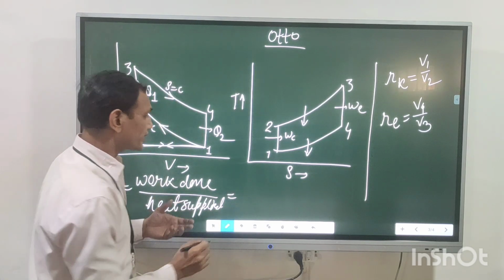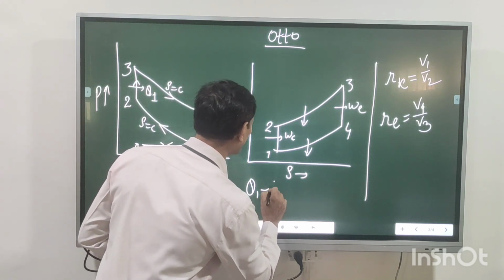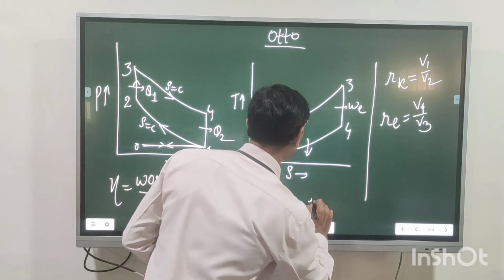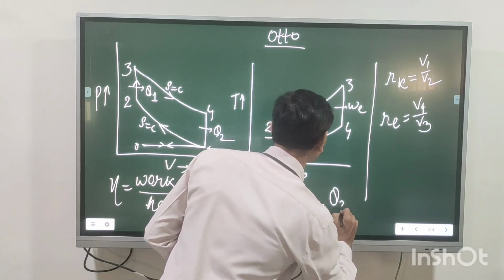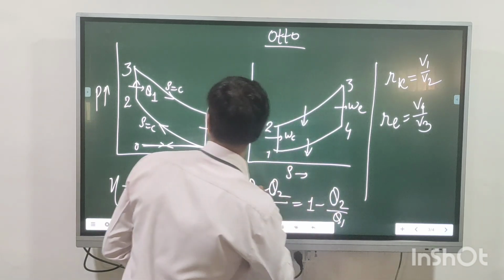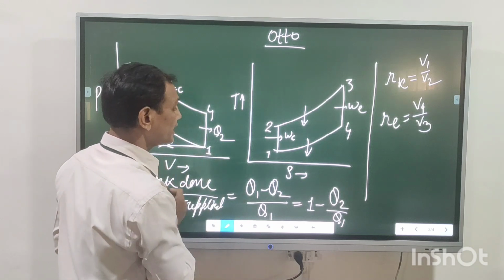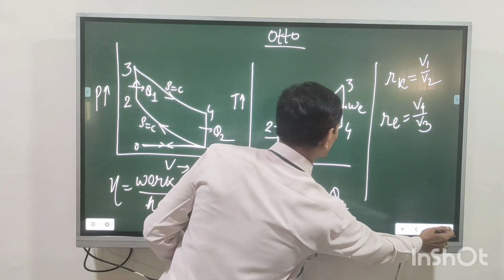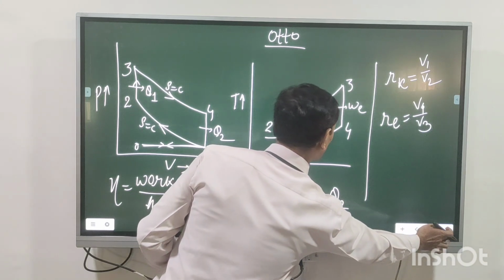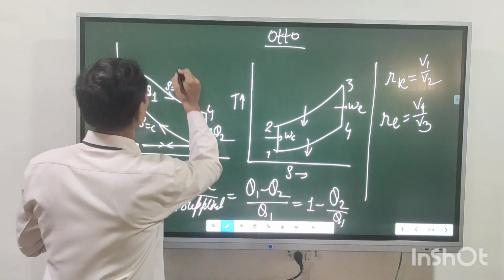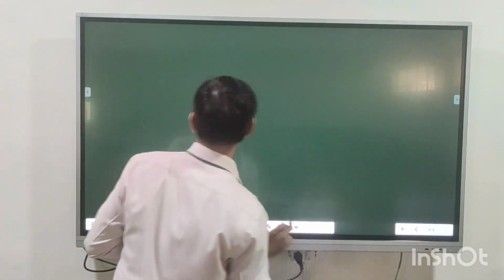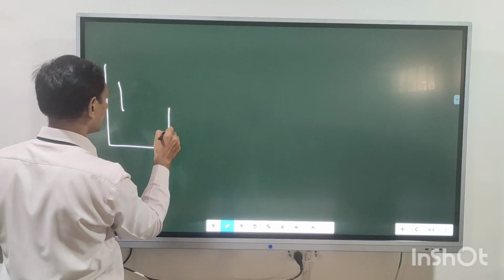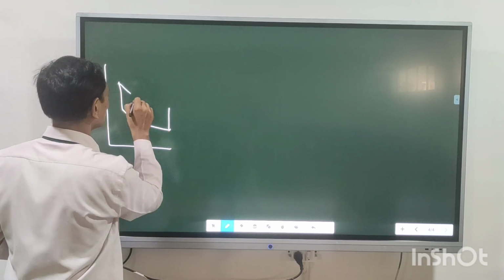What is the work done? Work done equals heat supplied minus heat rejected, upon heat supplied. We can write 1 minus Q2 upon Q1. Here Q1 is the heat supplied and Q2 is the heat rejected. So I have to find the value of the heat supplied Q1.